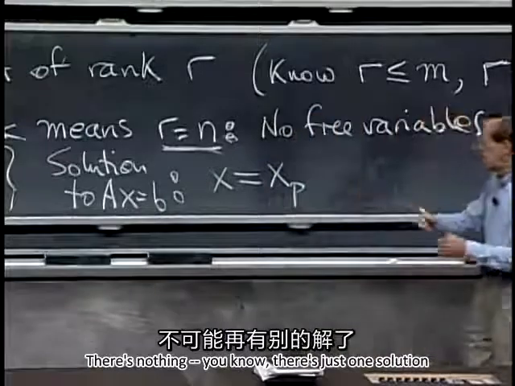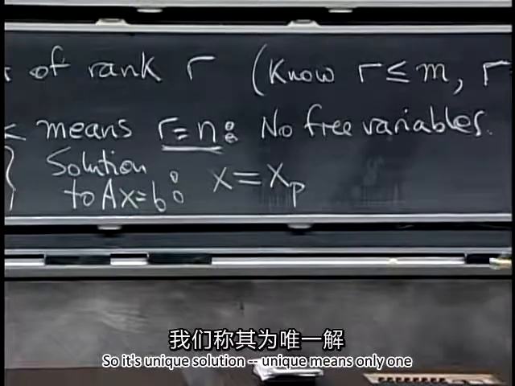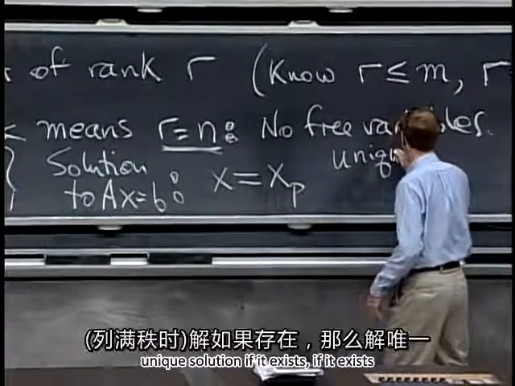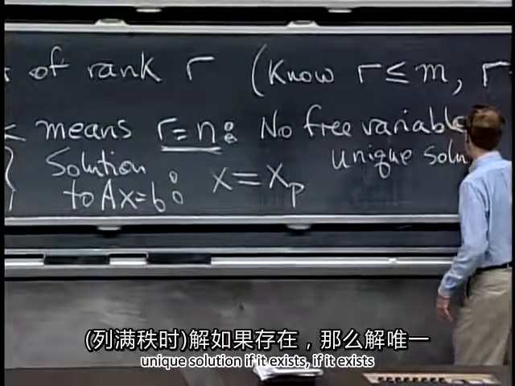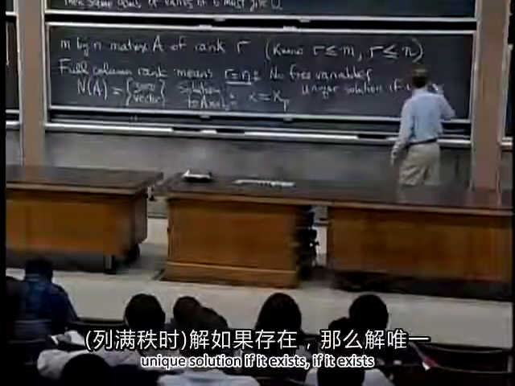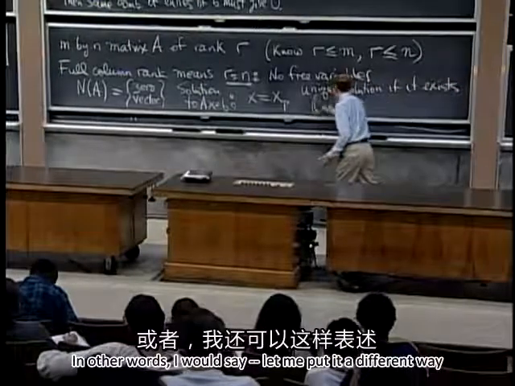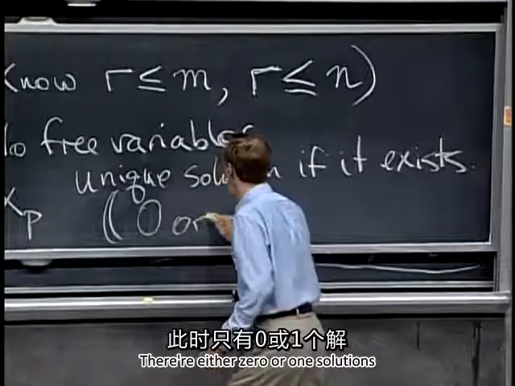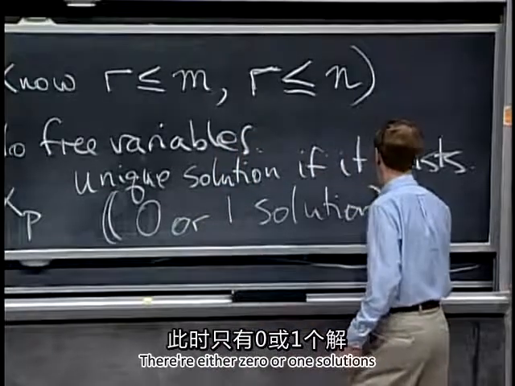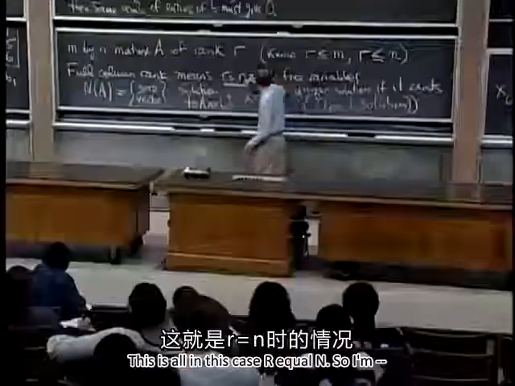There's nothing else, there's just one solution, if there's one at all. So it's a unique solution. Unique means only one. Unique solution if it exists. In other words, let me put it a different way, there are either 0 or 1 solutions. This is all, in this case, R equal N.